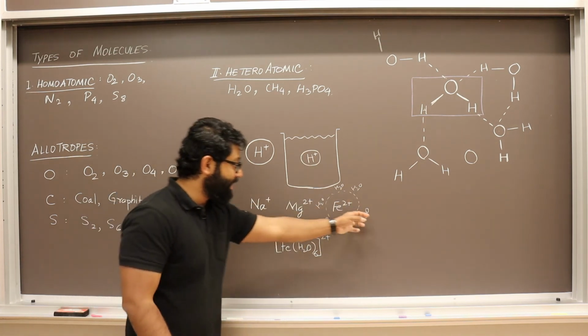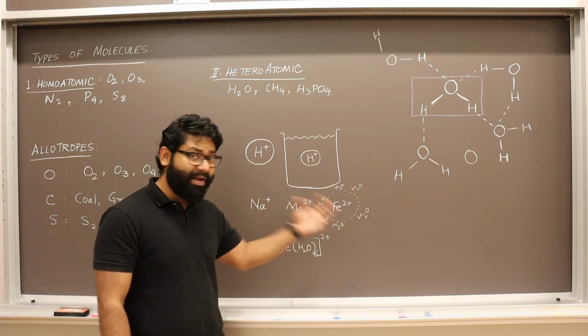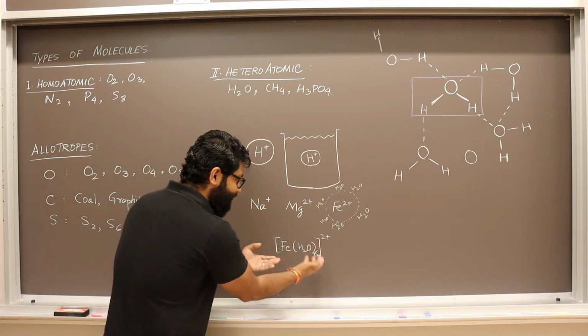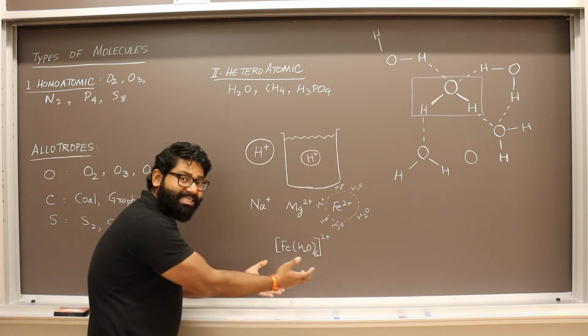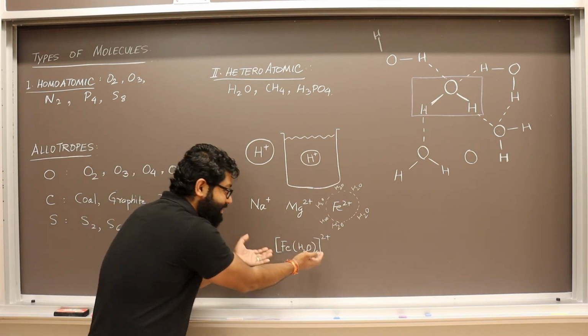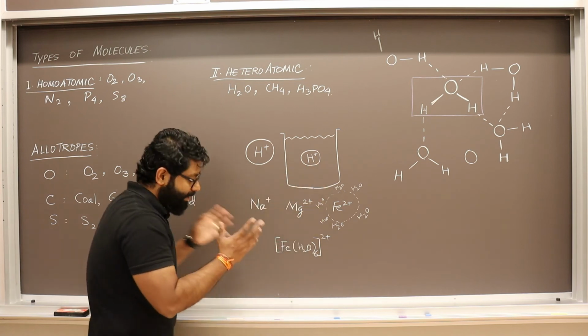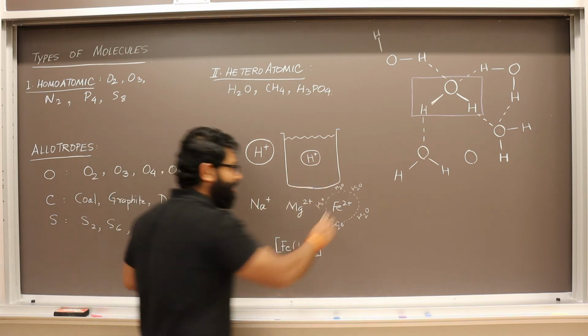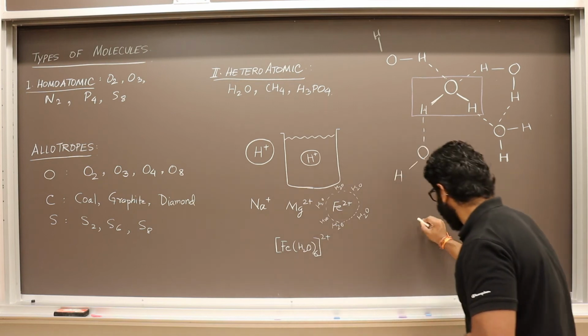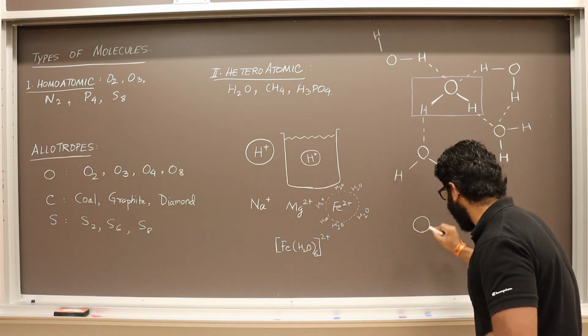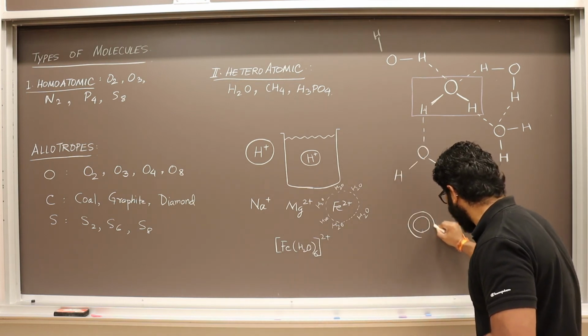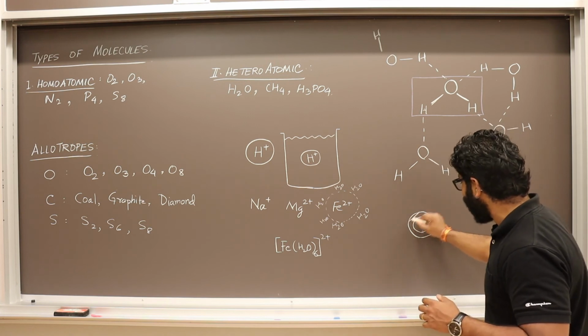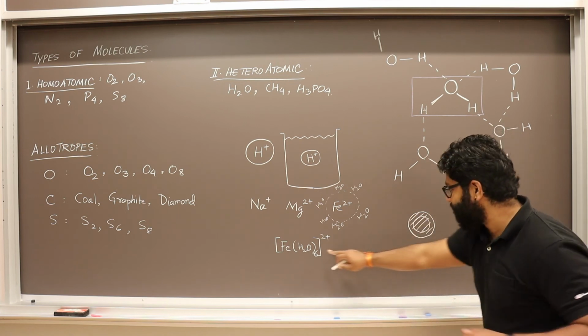And this layer is not a diffuse layer; it is a pretty strong layer, which makes this a very stable entity. You can see this whole thing floating around. So if you have the Fe here and you form the H2O molecules around it, this becomes a pretty stable entity.